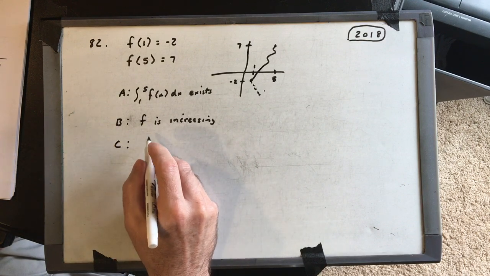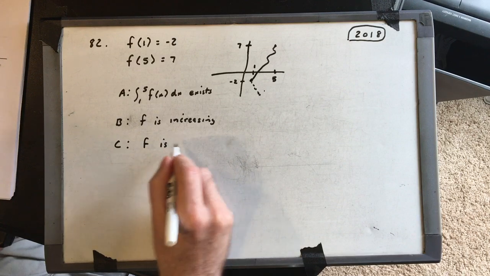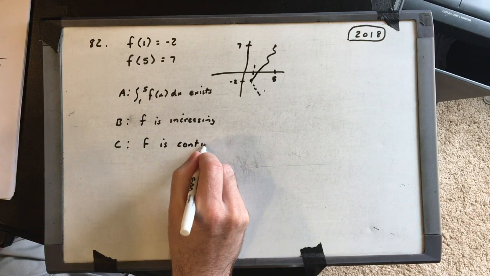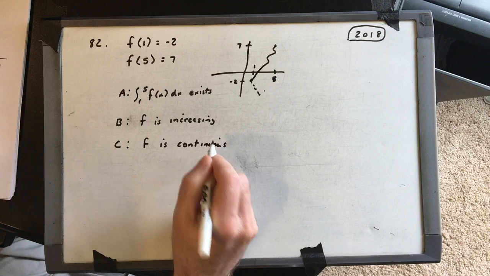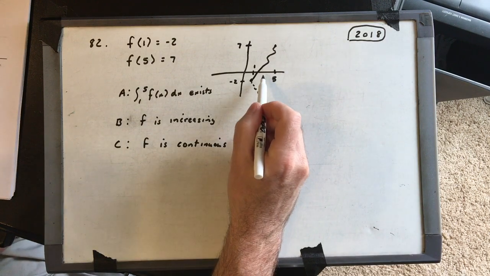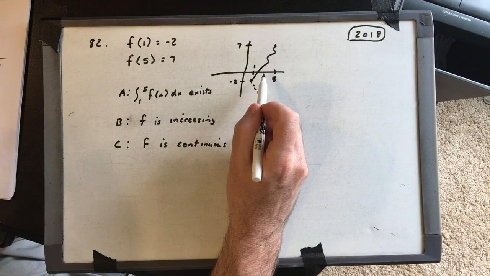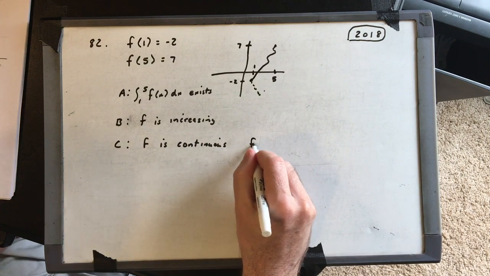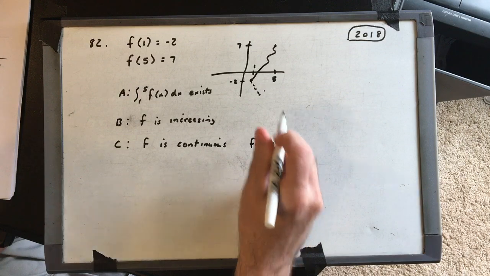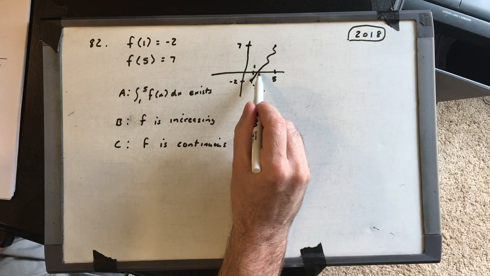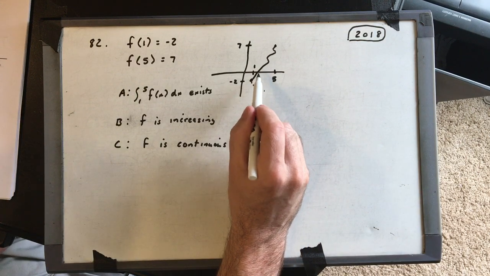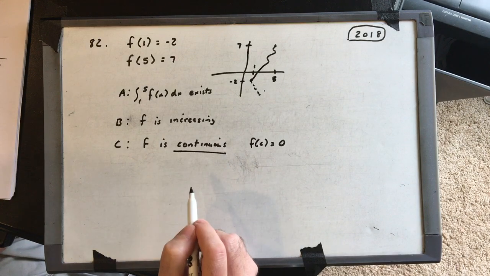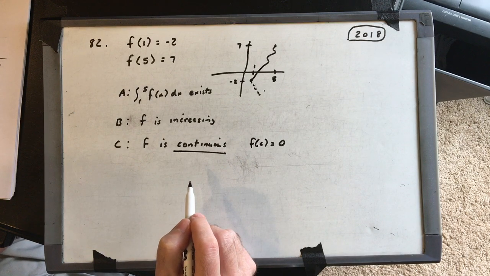Part C is f is continuous. Well, the only way for it to cross that x-axis, guaranteed, is for it to be continuous at any point.